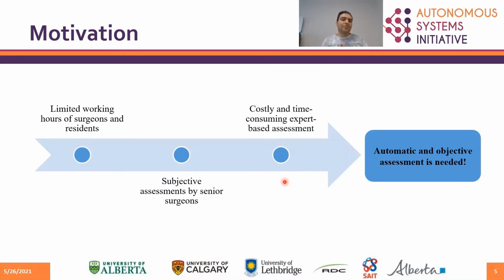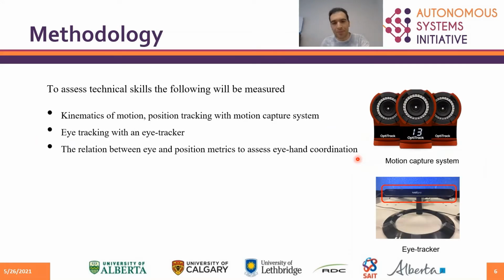Considering that surgeons and residents have limited working hours, and also the currently used methods for assessment are subjective, costly, and time-consuming, and let's say nobody wants to undergo surgical complications, an automatic and objective assessment method for surgical skills is mandatory.